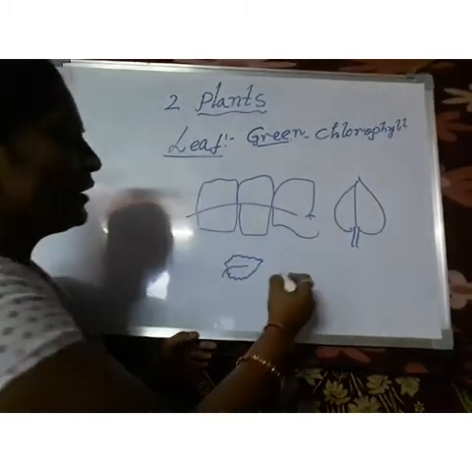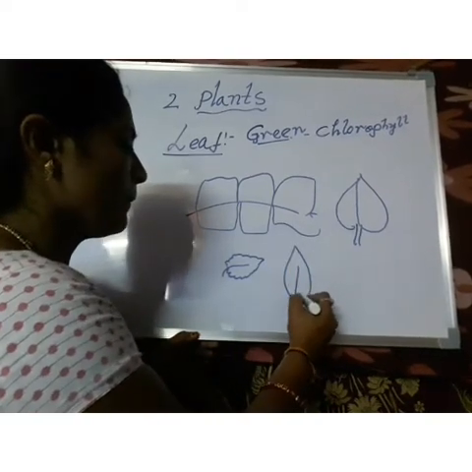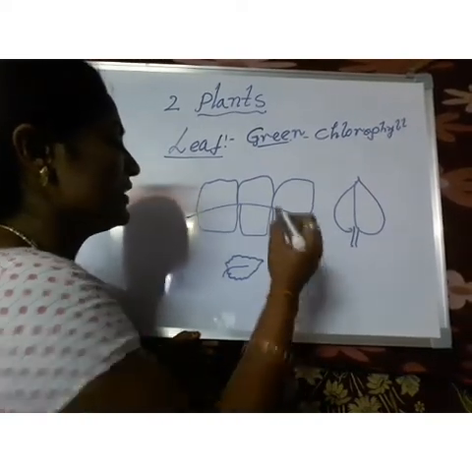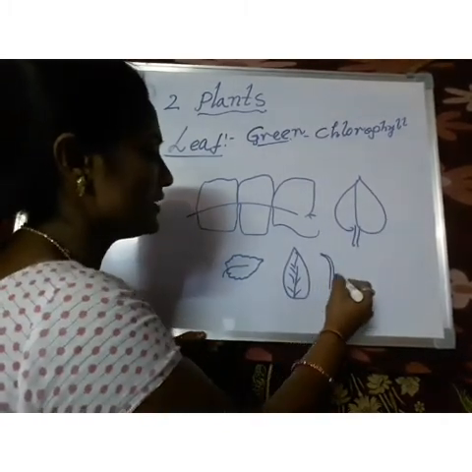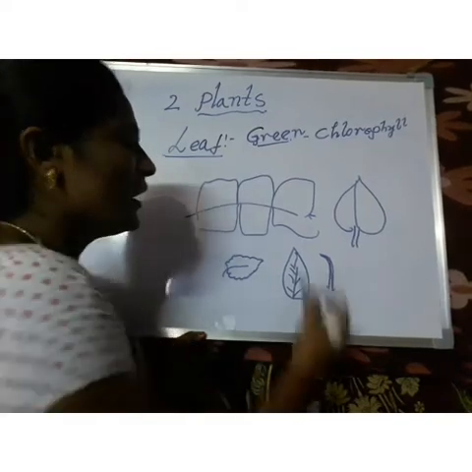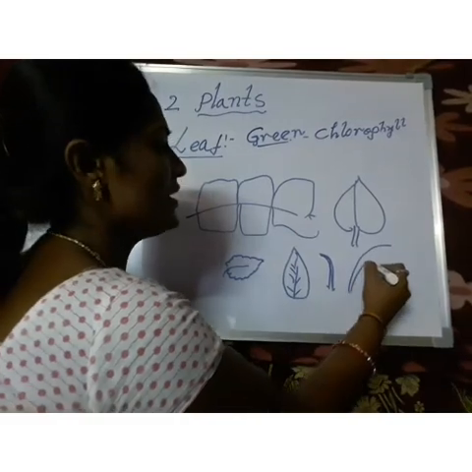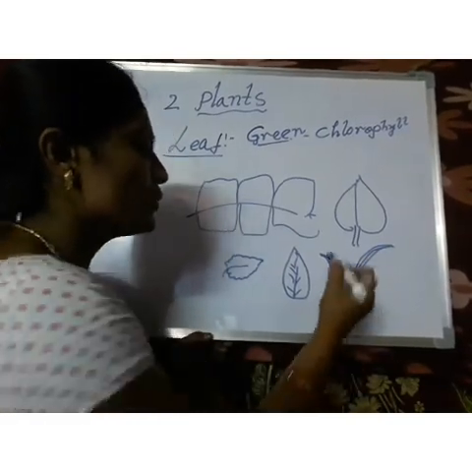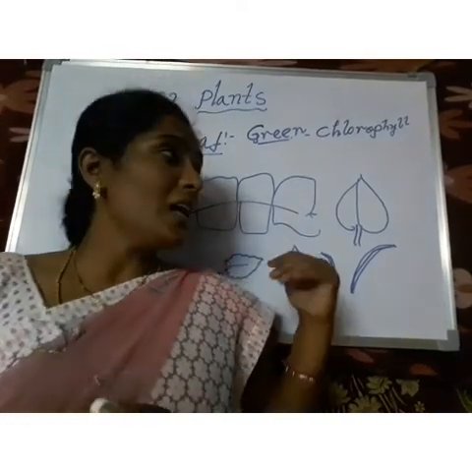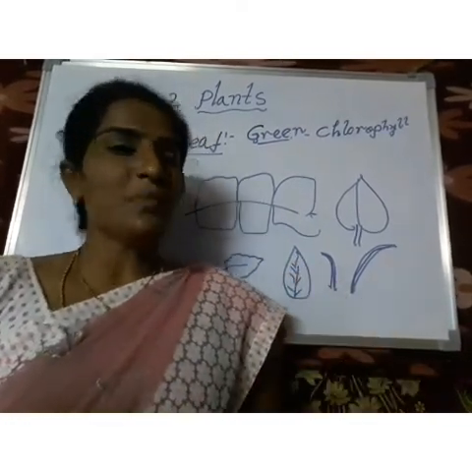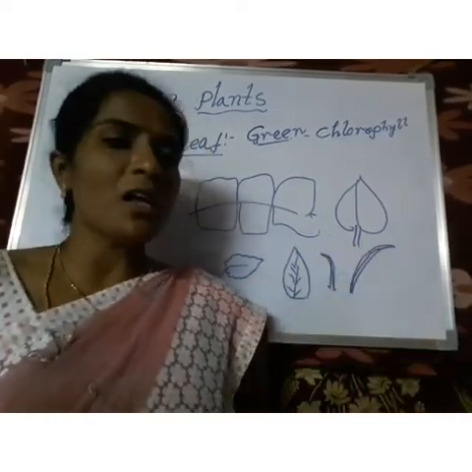The grass leaf is single. And the lily leaves are also like this. So in the plants in our surroundings, the leaves are of different shapes, colors, and sizes.